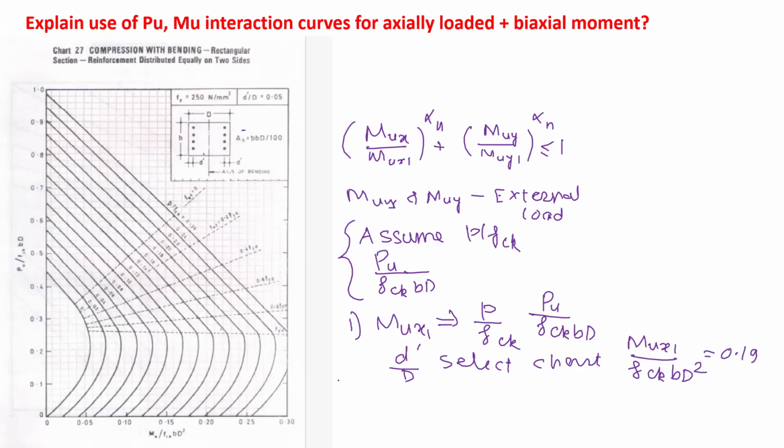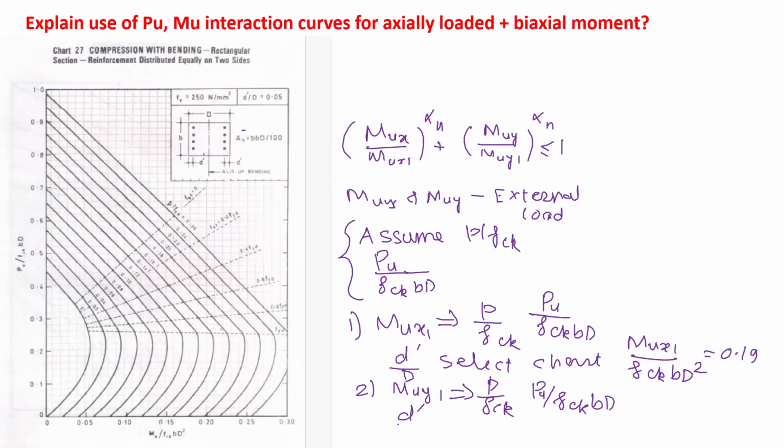Now to find Muy1, students are selecting another value of Pu upon fck bD. In this also, your P by fck will be the same as your above value, and Pu upon fck bD again you have the same. Then what is the change?